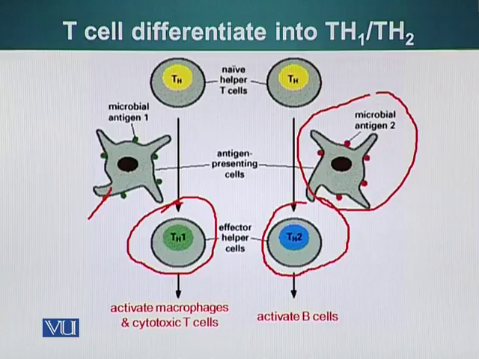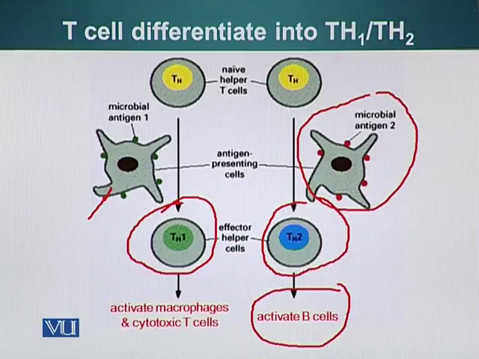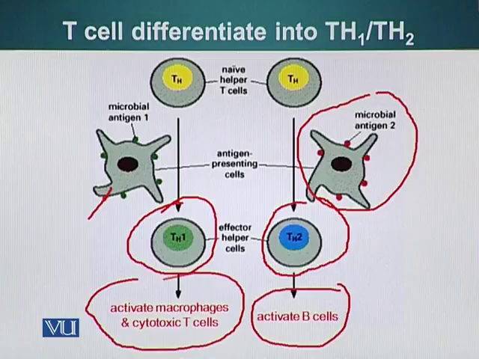Th2 cells, we have said, activate B cells, which results in production of antibodies. Th1 cells activate macrophages and cytotoxic T cells. Again, I would like to emphasize it is the nature of the antigen or invading pathogen that determines what type of response will be manifested by the adaptive immune system.